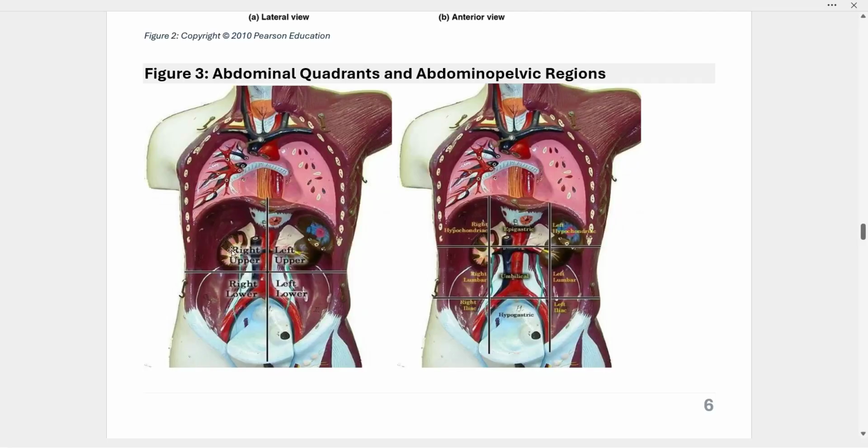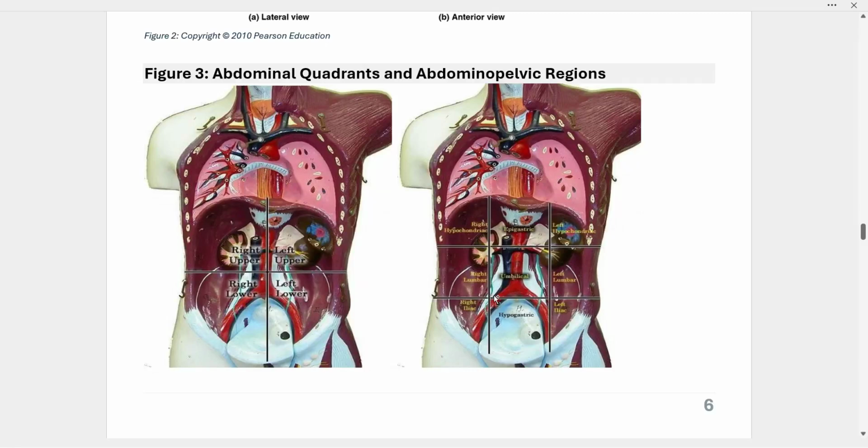Left upper, right lower, left lower. So that's the abdominal quadrants. The abdomen has 4 quadrants. When you add the pelvis to it, it's the abdominopelvic regions, and those have 9.